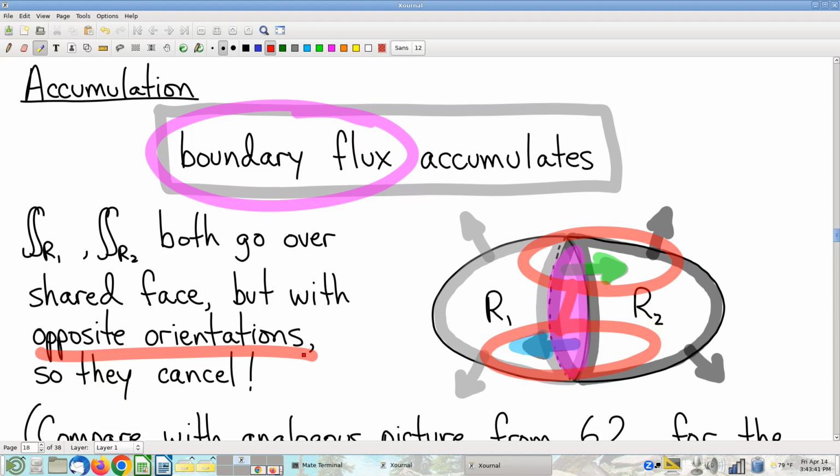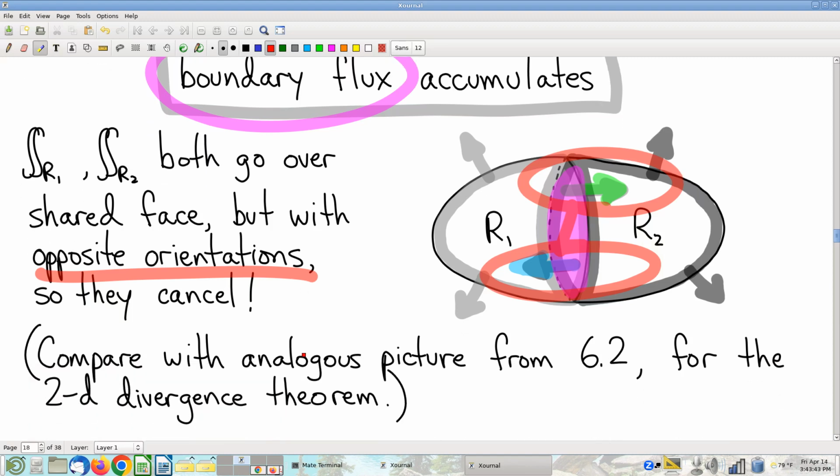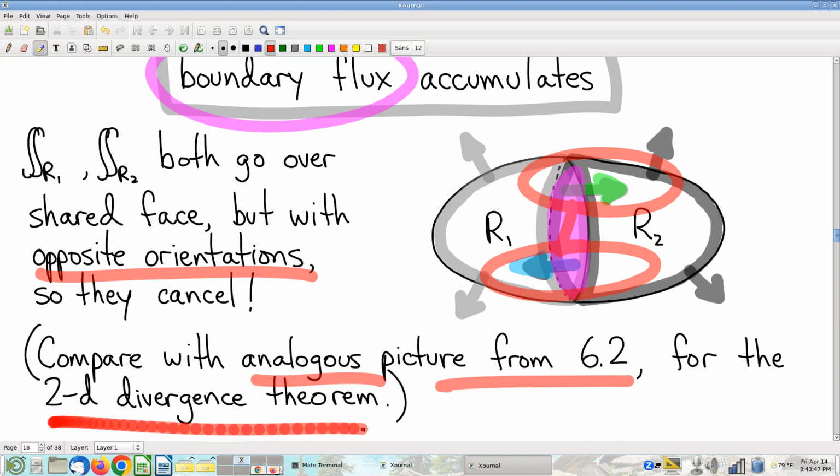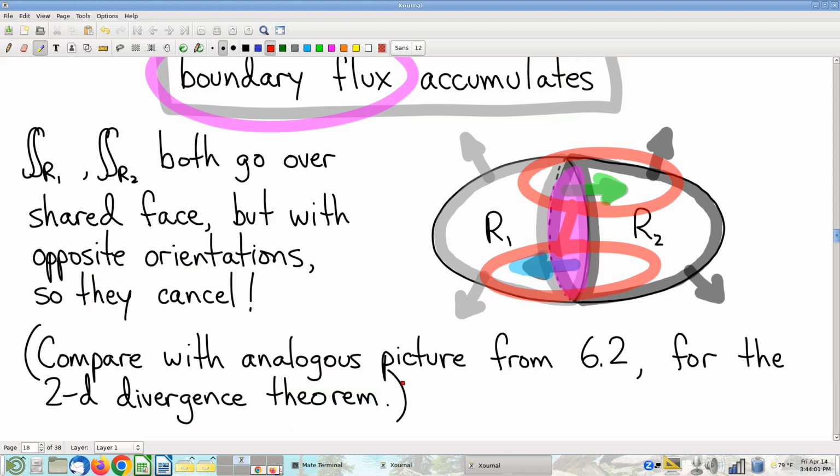Now, this is really analogous to what we saw in section 6.2 when we did the two-dimensional divergence theorem. I think it's a healthy exercise to flip back in your notes to where we talked about the 2D divergence theorem, and we drew a picture that's really similar to this. In a different way, there is also a very similar picture when you're talking about Green's theorem.